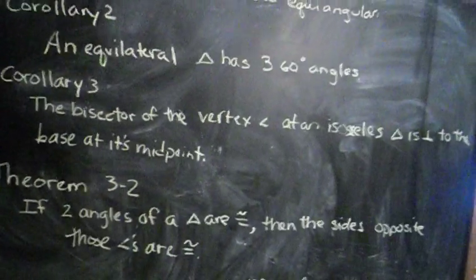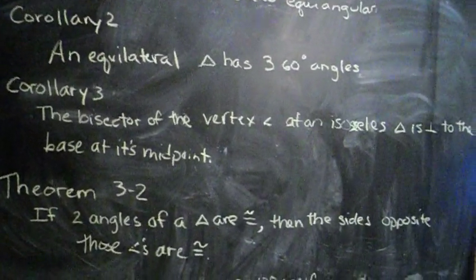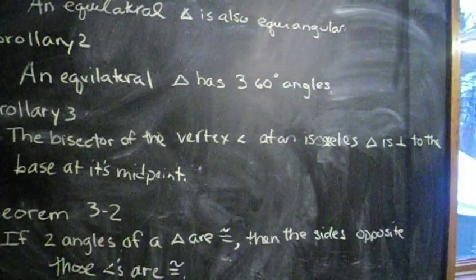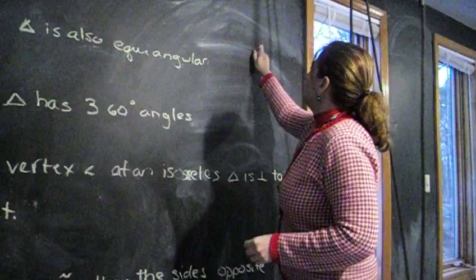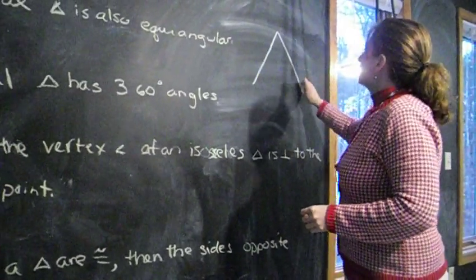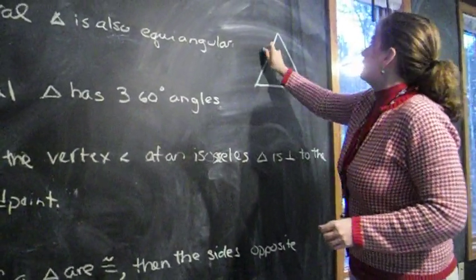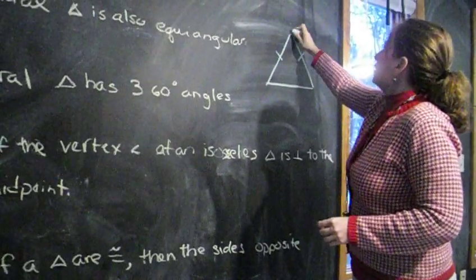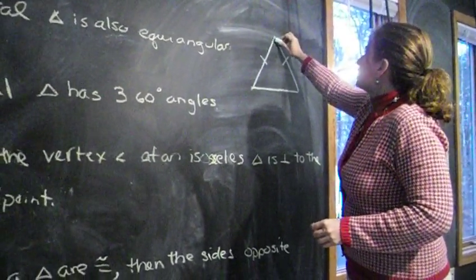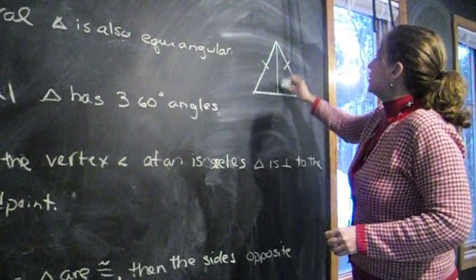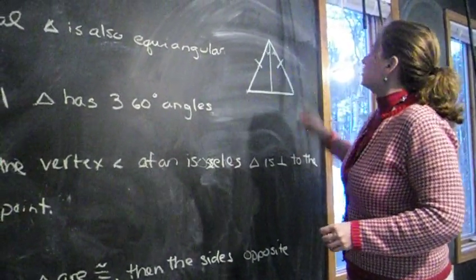Corollary 3, the bisector of the vertex of an isosceles triangle is perpendicular to the base at its midpoint. So let me draw that for you. Here's a triangle. Okay, it's isosceles. This is your vertex angle. If I draw a bisector, that means I'm going to bisect this angle. So when I draw that down, we know that these two angles are going to be congruent.